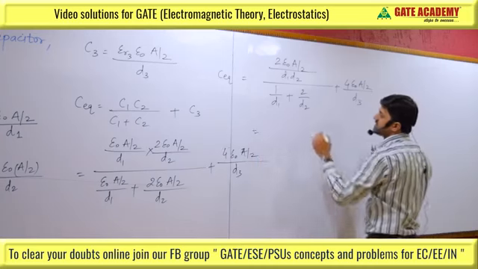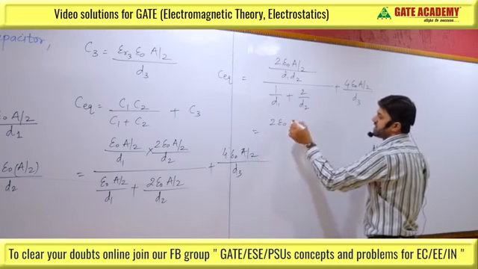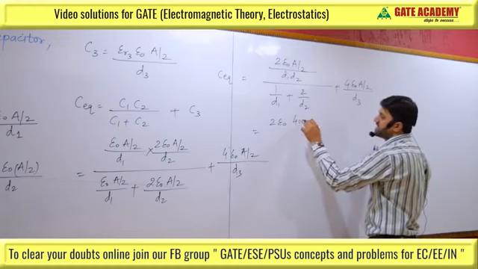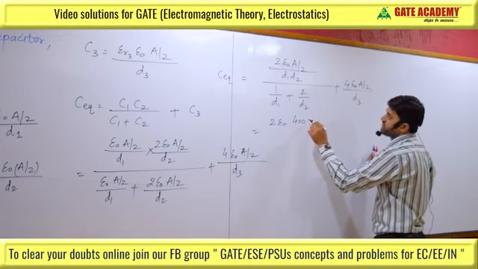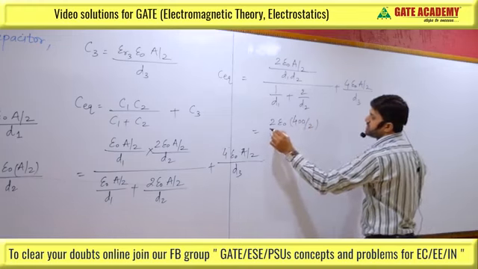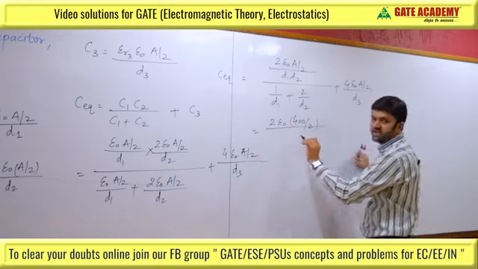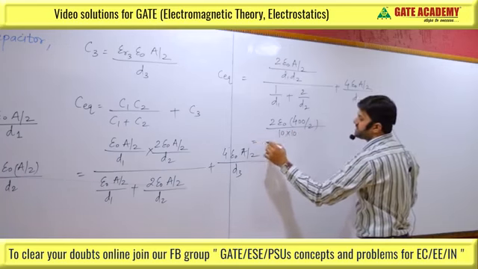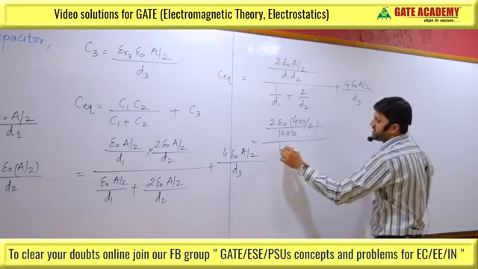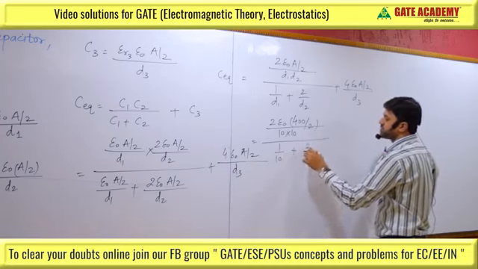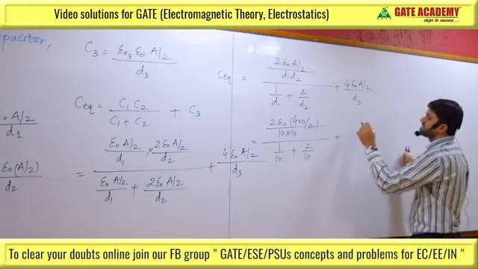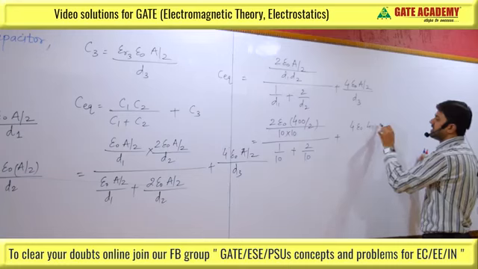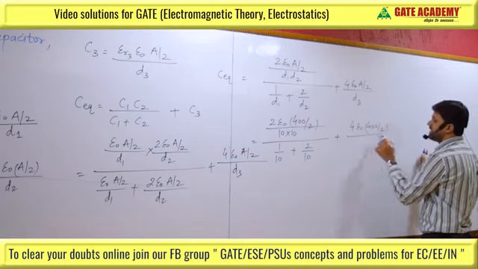Putting all the values, this is 2 into epsilon naught, A by 2, where A is 400 centimeter square, so this is 400 divided by 2 whole divided by D1 D2, D1 and D2 are 10, so this is 10 into 10, all are in centimeter, and 1 upon D1, so 1 upon 10 plus 2 by 10 plus 4 into epsilon naught A by 2, this is 400 by 2 divided by D3.